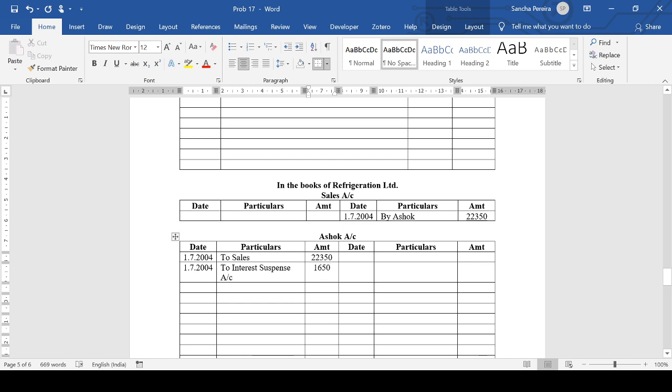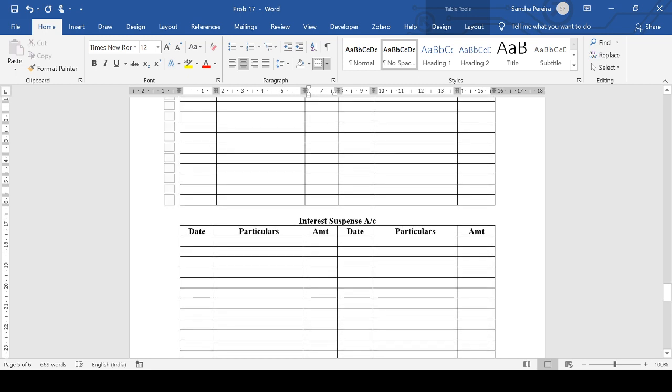Similarly, in the interest suspense account we are going to have by Ashok 1st July 2004, 1650, with the total.